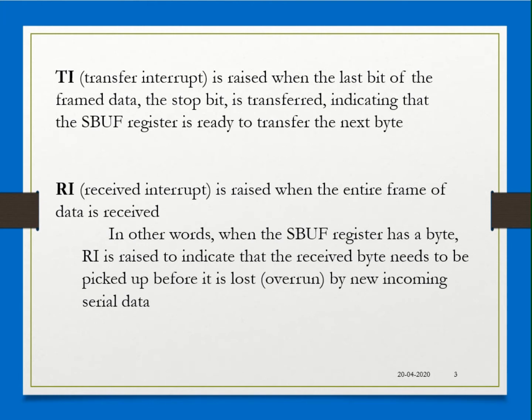The flags indicate that 8 bits of data is transmitted, so that the next 8 bits of data will come and sit in the SBUF register during transmission, or when the data is received serially. So when the 8-bit data is ready in the SBUF register after the reception, the flag indicates that the data is ready in SBUF.